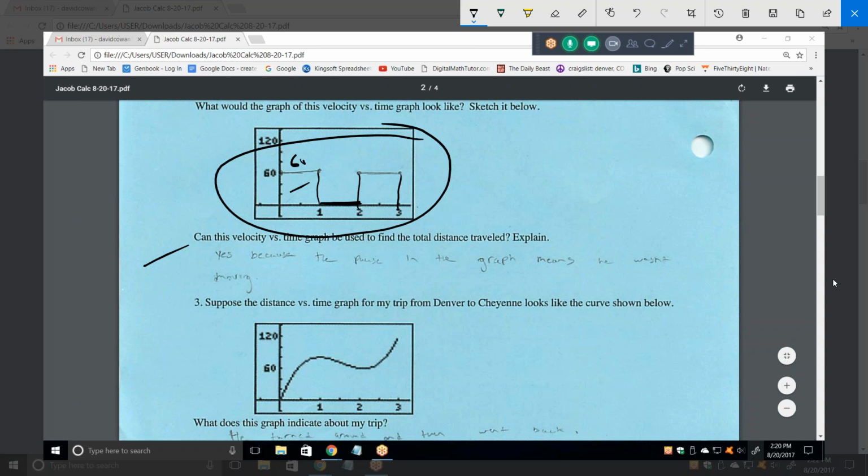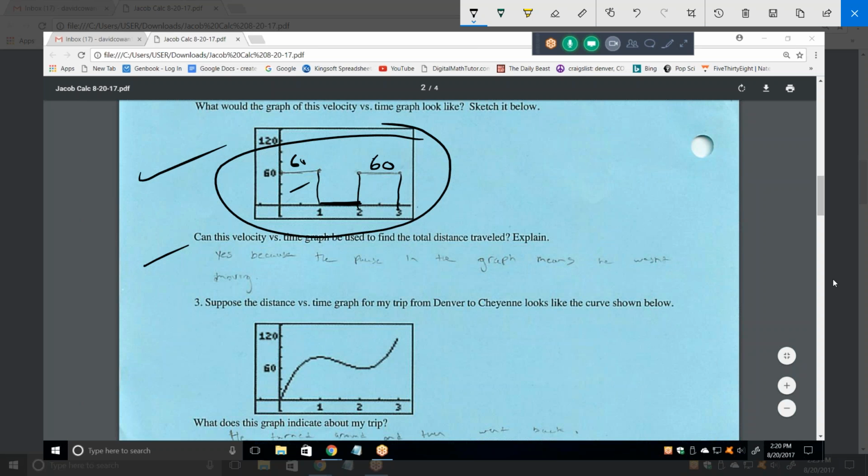It's the area of this on the right side. 60. Add them two together, you went 120 miles. So this is an important principle to know, although not so much this early on, but if you want to know how far you went, you take the area under the curve.